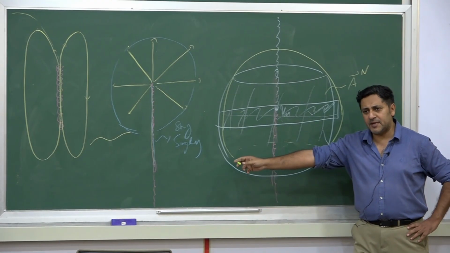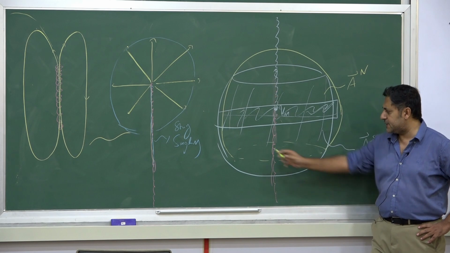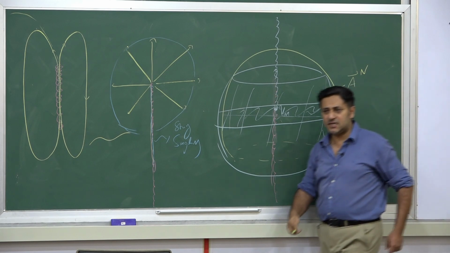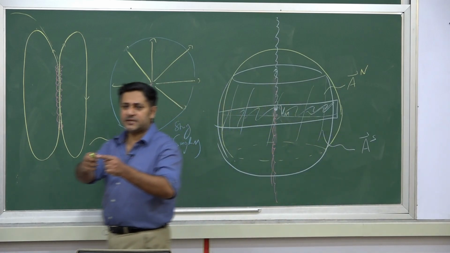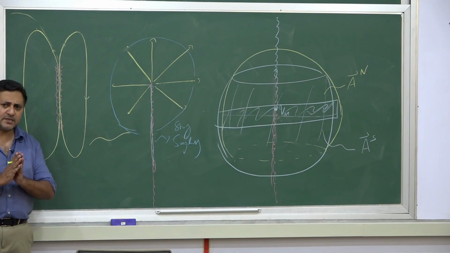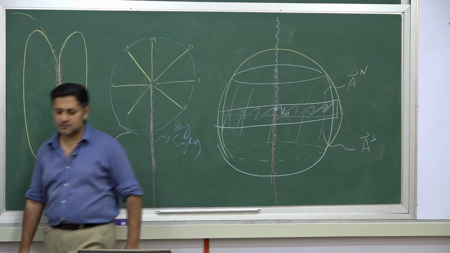But if you have a quantum particle and you make interference experiments around the string, you will see some phase will be picked up, and by interference experiments, you will be able to tell the presence of the string. But the cleanest argument is that the wave function is not well defined.